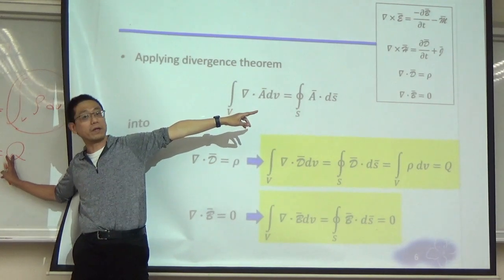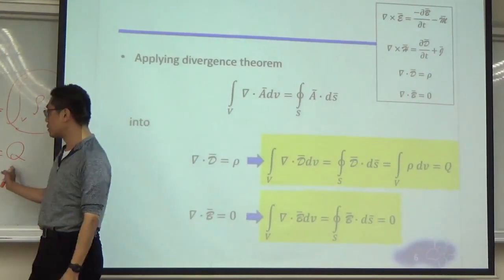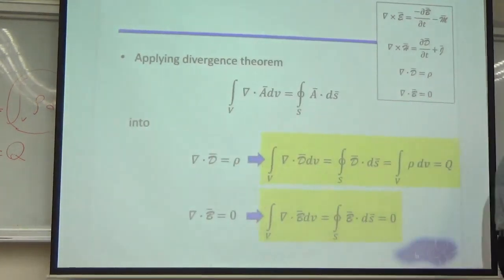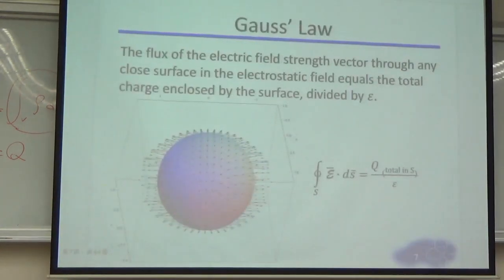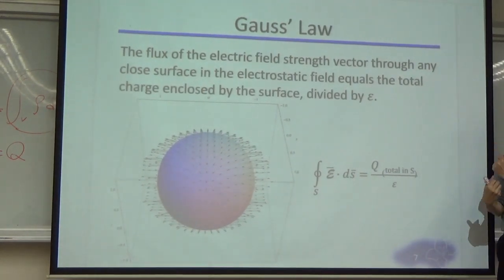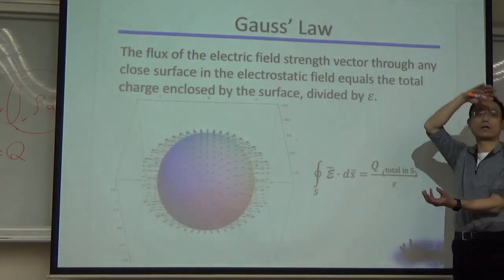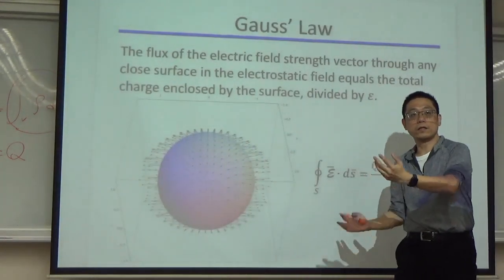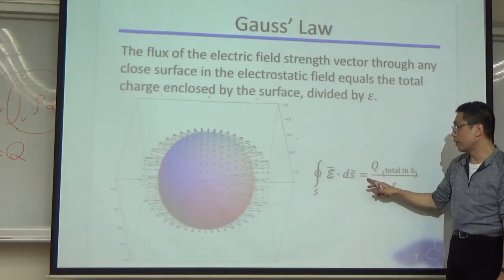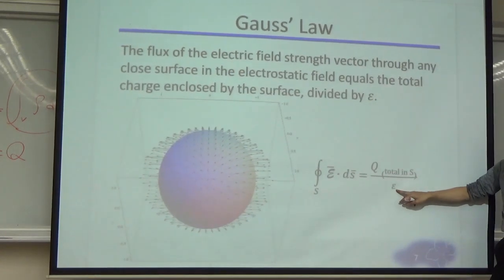Okay? Maybe you don't get any sense about this equation. Maybe you will have some sense about this equation. What is this equation? This is our Gauss's law. If there are some charges in some space, you take a closed surface integration around this charge. The result will equal your total charge divided by epsilon.